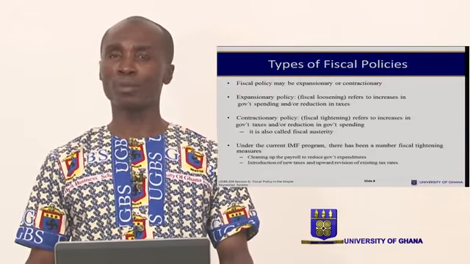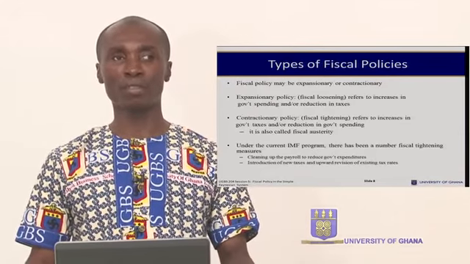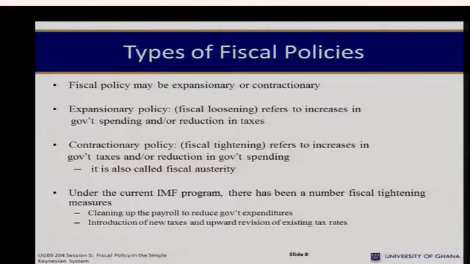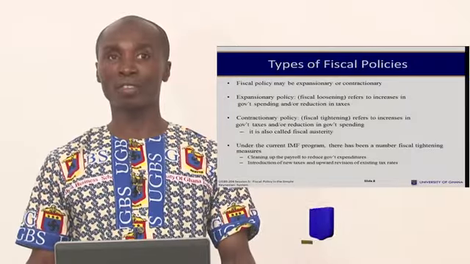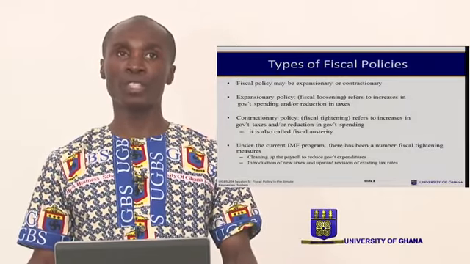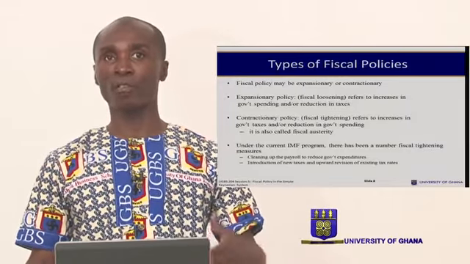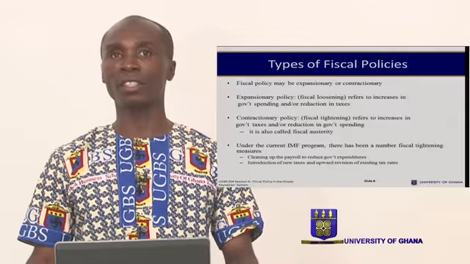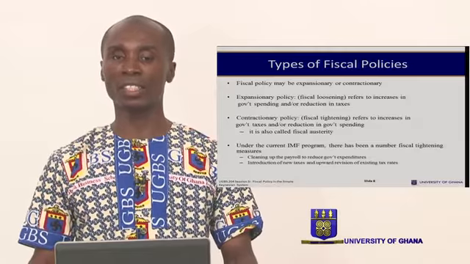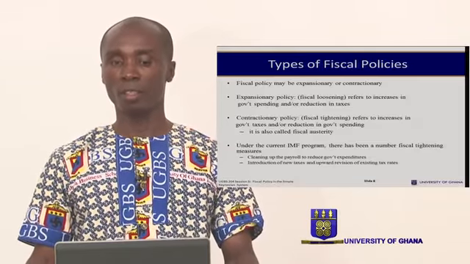Now, broadly speaking, fiscal policy may be classified into two. It can be either expansionary or contractionary. So expansionary is when the government is trying to boost economic activity by increasing the level of spending and or reducing the level of taxes. So when government spends more or collects fewer taxes, then it's doing what you call expansionary fiscal policy.